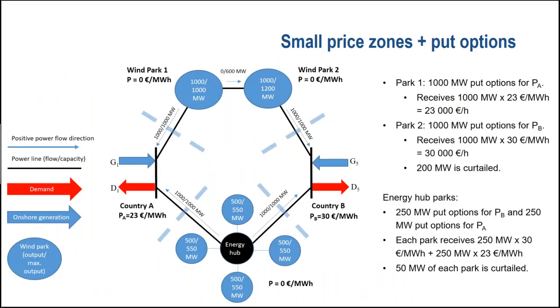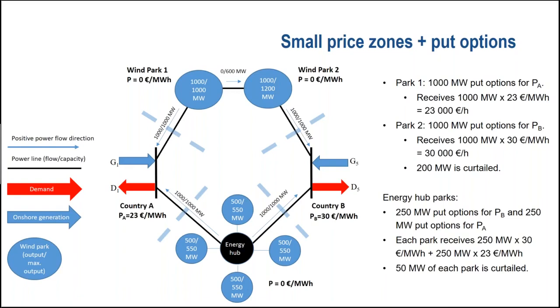For the system as a whole, it would look like this. In a high wind case with overplanting, the hub price is 0, both in the north and in the south. Wind Park 1, which can technically only evacuate to country A during high wind, should therefore only receive options for country A. Therefore, its full output is sold at a price of 23.